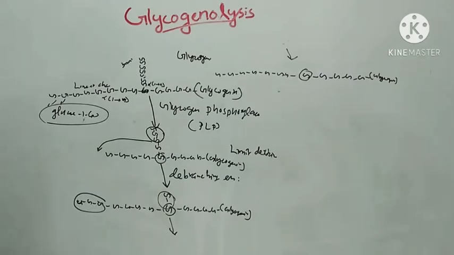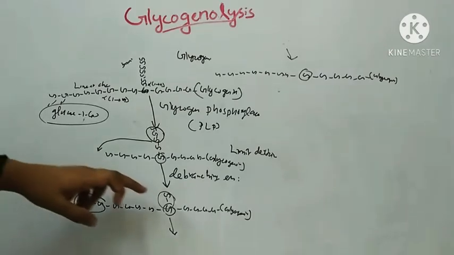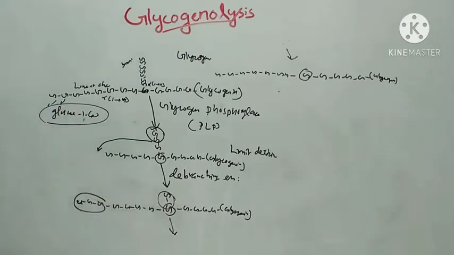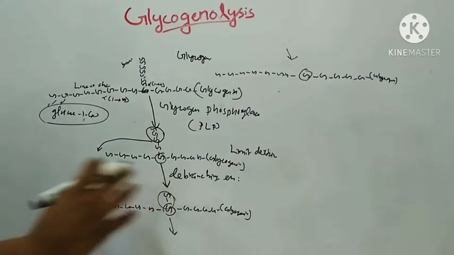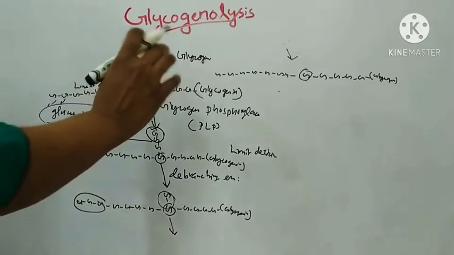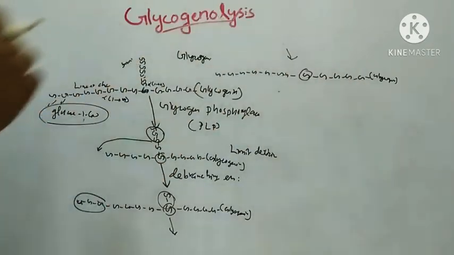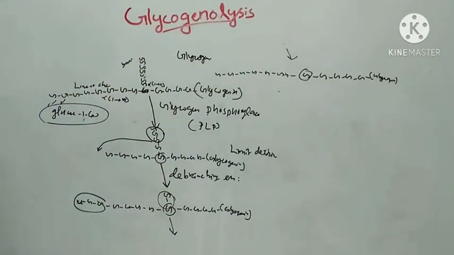As the alpha 1,6 linkage is split, one molecule of free glucose is produced, because there will be no branching point. So we will have only this linear molecule of glycogen.